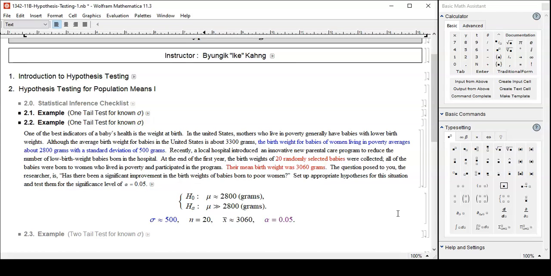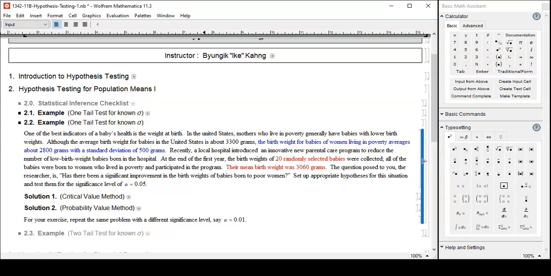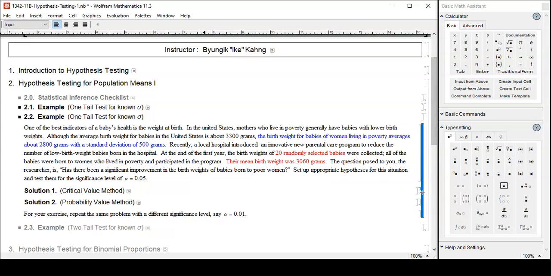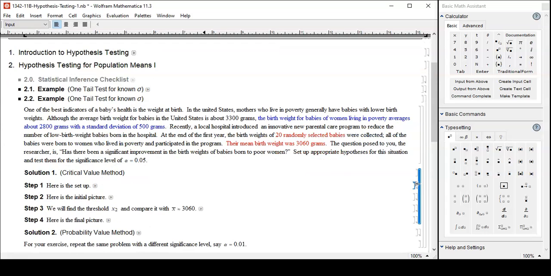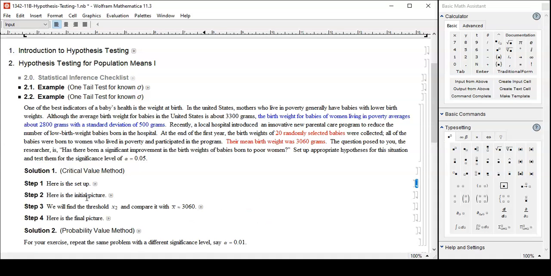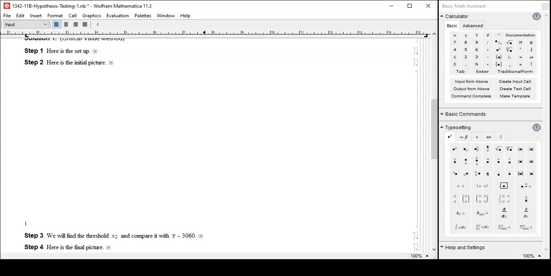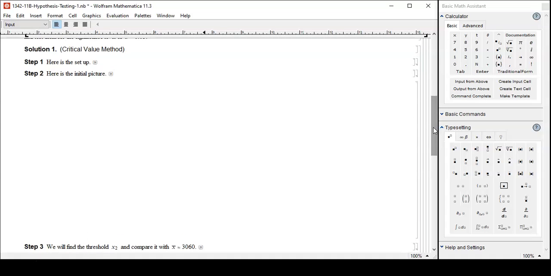Okay, from here, let's go ahead and complete this hypothesis testing. We have two methods here, and we'll do the critical value method. All right, here's the setup. We went through that already. And here's a picture, but before just showing you the picture, let me walk through this procedure.